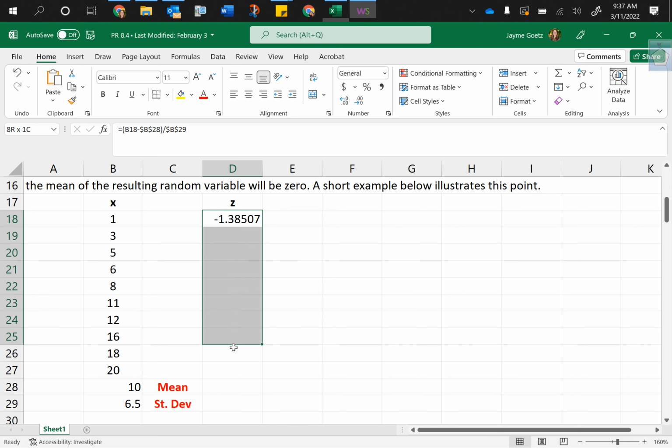And watch what I do here. I'm highlighting that whole column, and I'm going to go ahead and make it to the nearest tenth so I don't have to do it every single time. Okay? Then, so we don't have to do it every single time, click on the little box, drag it all the way down.